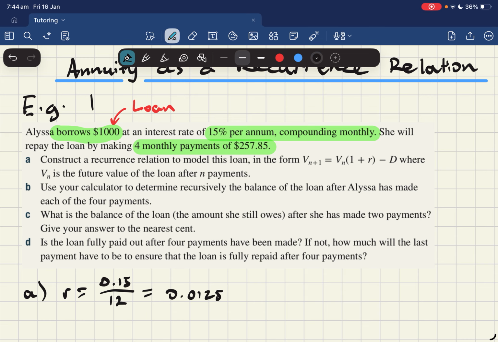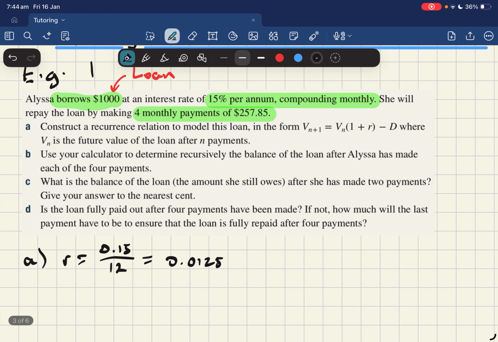because it's compounding monthly. Now, our recurrence relation is V of n plus 1 equals Vn, and we are multiplying this by 1 plus 0.0125, and we are minusing 257.85.